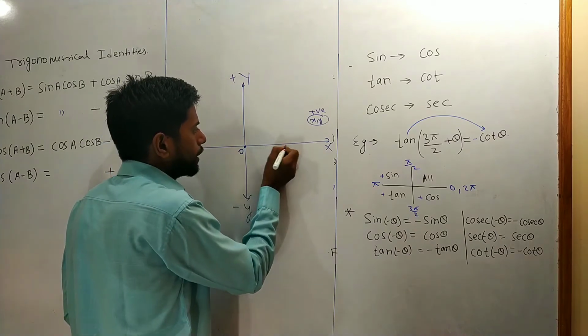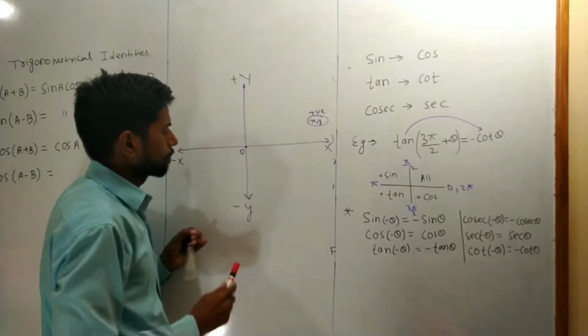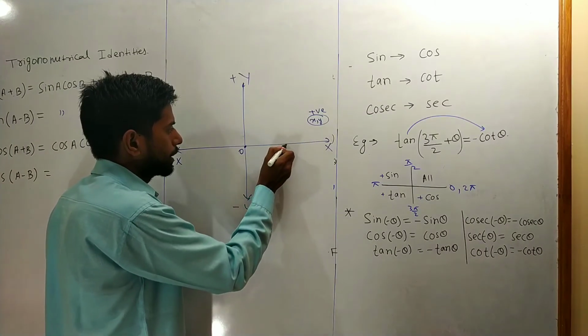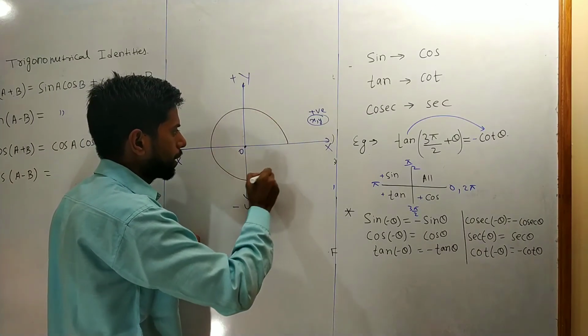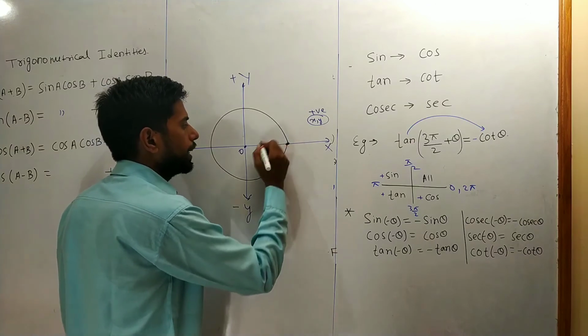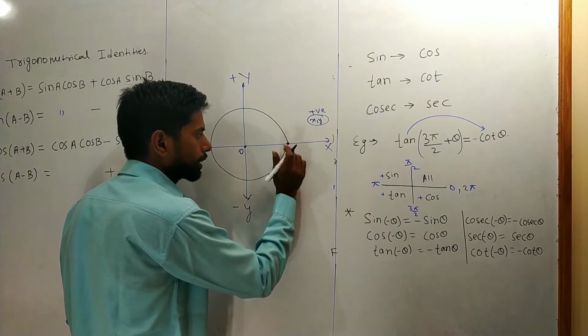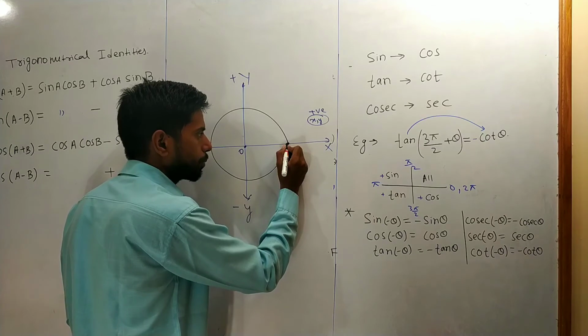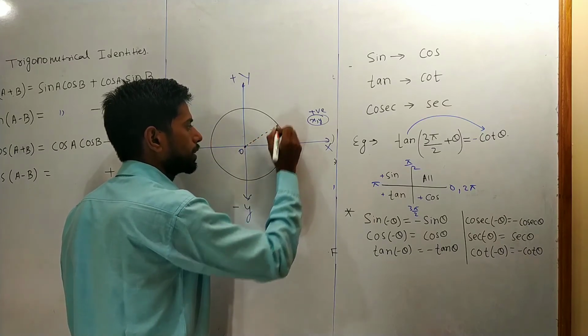Now suppose a body moves in a circular path. In time t, suppose an object is at this point, and after time t it reaches this point.